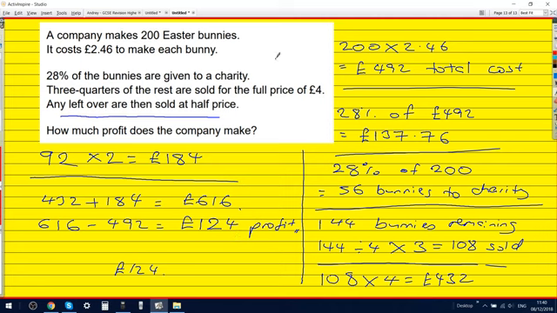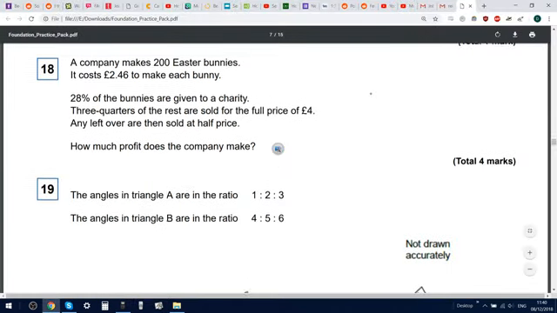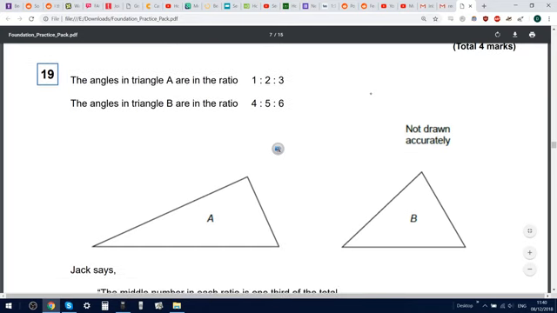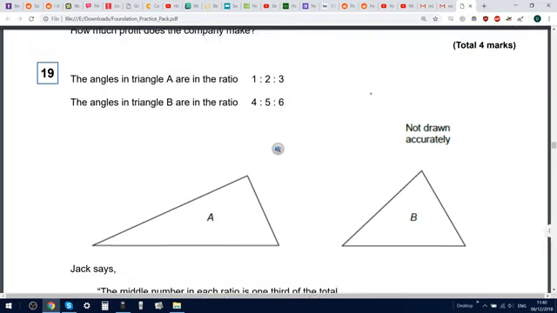So you just find 28% of it, find 3/4 of it, do all that stuff, and then take the numbers that you need and put them in. Okay. Because we worked stuff out that we didn't need to, but nothing wrong with that, because it's not obvious what you should do.